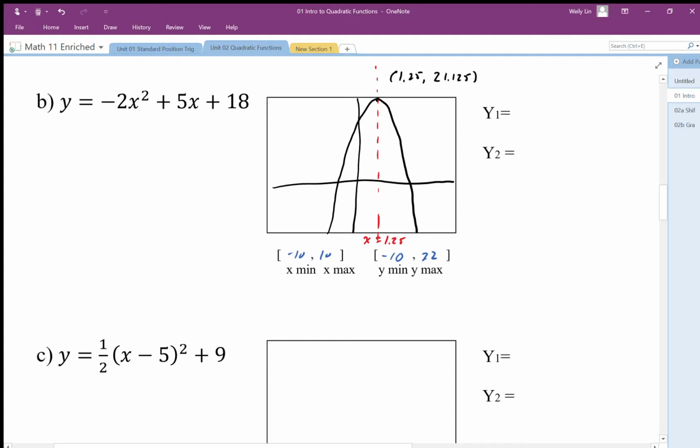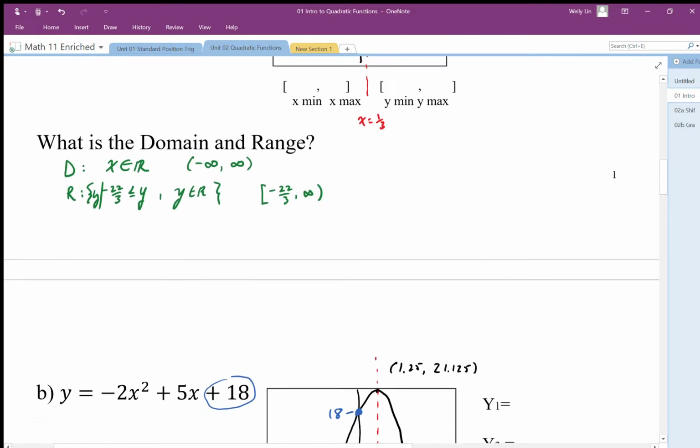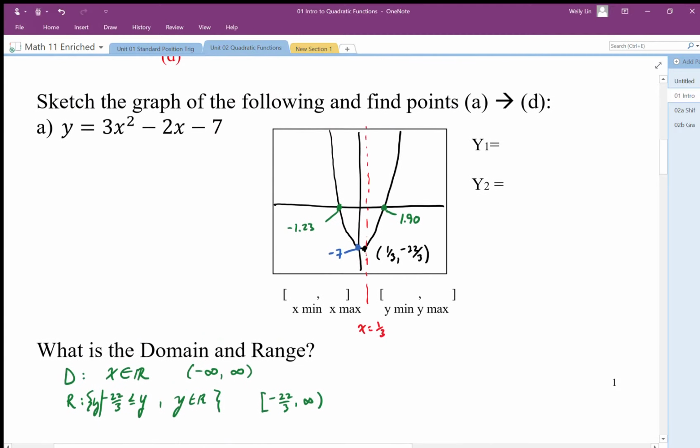Okay, so there's my graph, the vertex, my axis of symmetry, and my y-intercept, that point there at 18. You should start noticing that this y-intercept has something to do with that last number, that constant term. It was the same over here, but this only happens in the general form.